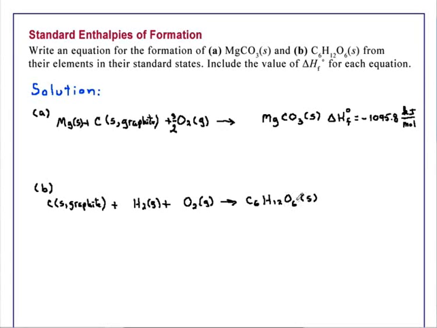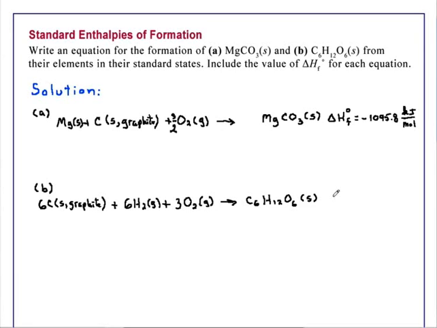We have 6 oxygens in the product, so we need to put a coefficient of 3 in front of the oxygen. We have 12 hydrogens in the product, so we need a coefficient of 6 in front of the H2. And we have 6 carbons in the product, so we need a coefficient of 6 in front of the carbon.